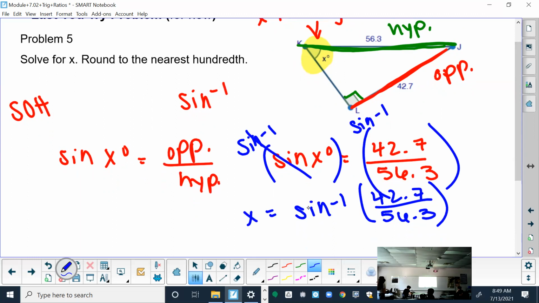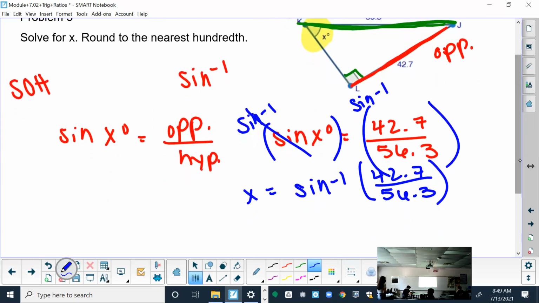So put what's on the right side in your calculator. Make sure it's the inverse sine, sine to the -1. So hit second, sine, put in that fraction.